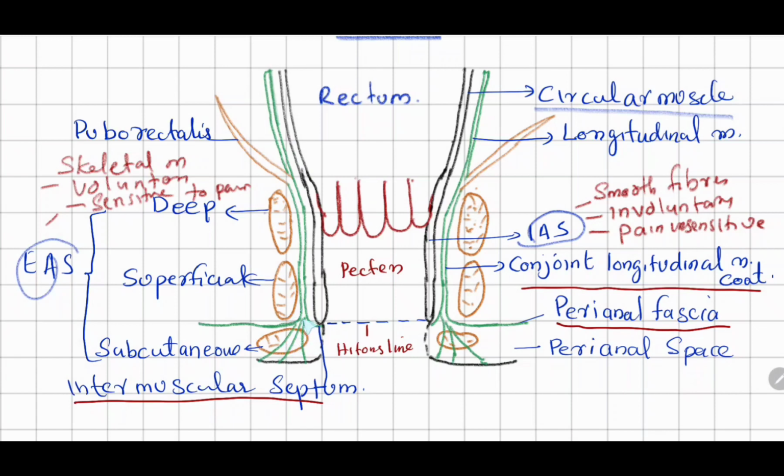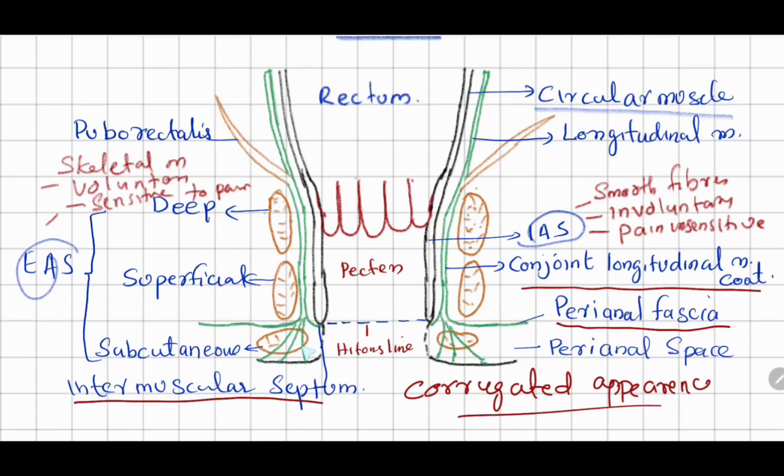Then what happens to the lower end of the fibroelastic septum? It again divides into many fibers, passes through the subcutaneous part of the external sphincter and divides it into different compartments. This compartmentalization leads to the corrugated appearance of the anal skin.